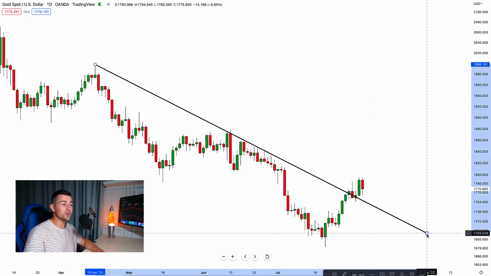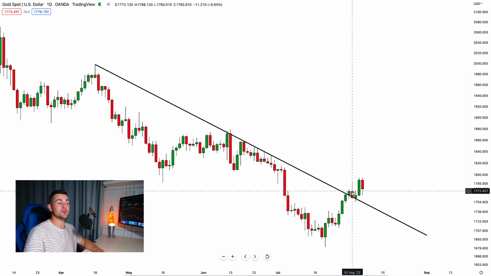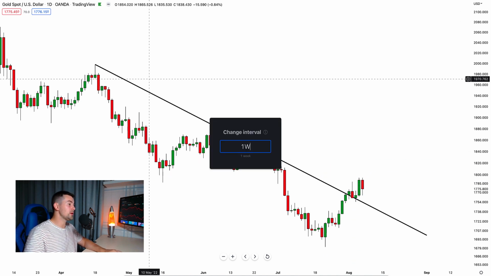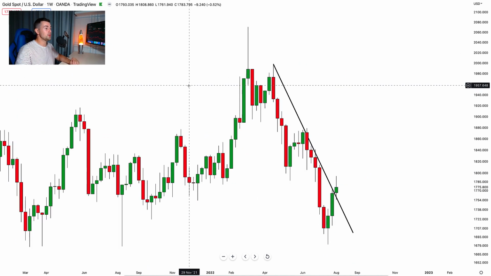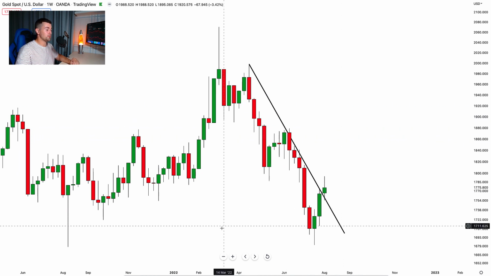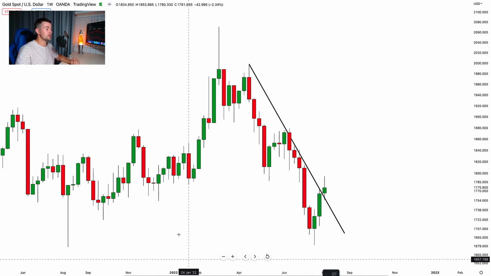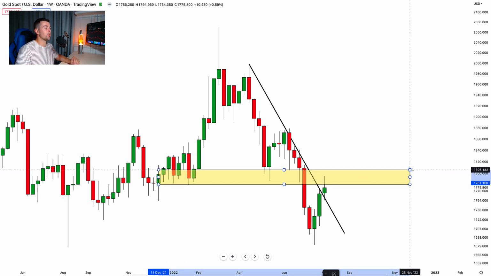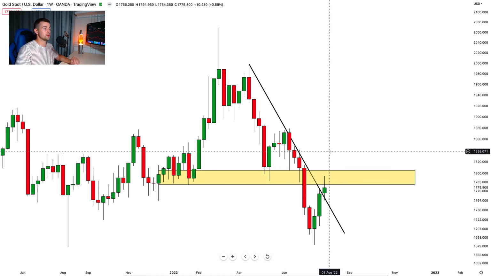And of course, it is a very strong bullish clue. You can see that after the breakout, the market retested that trend line and then we bounced. But the problem is that if we open a weekly time frame right now, you can see that ahead we have a very strong weekly structure resistance.